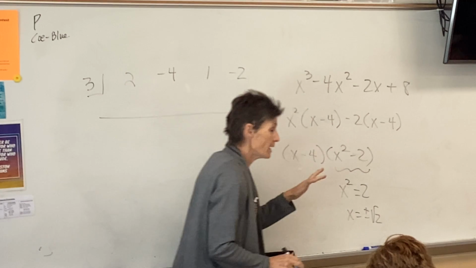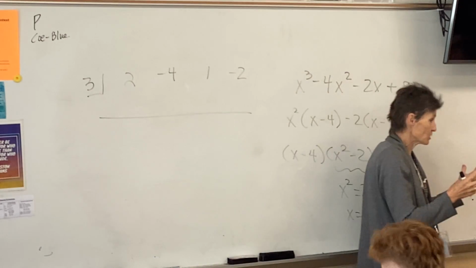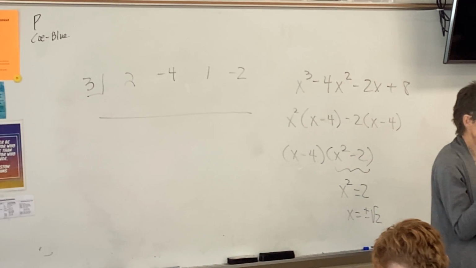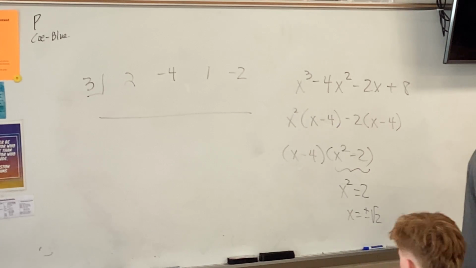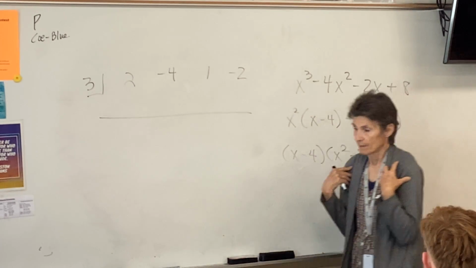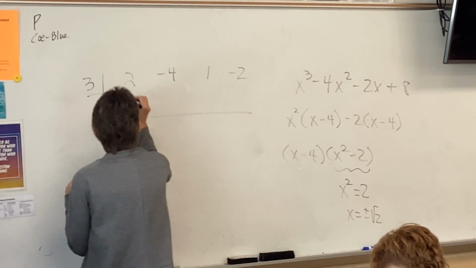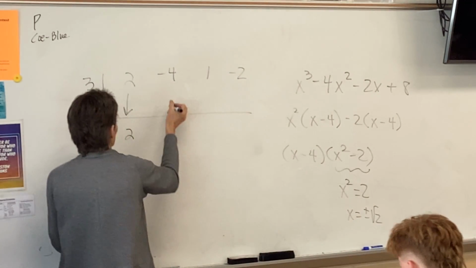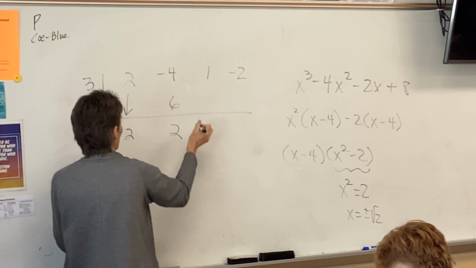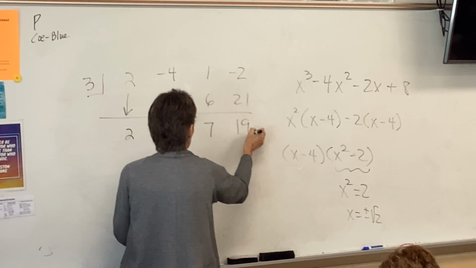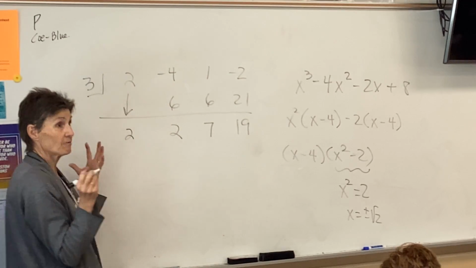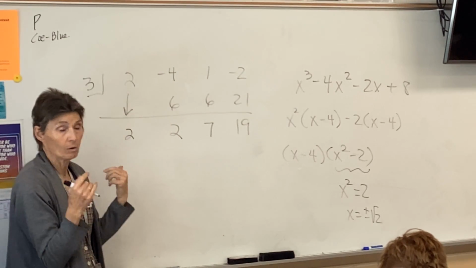I want you to go ahead and just do the division with that 3. Something is going to happen. We haven't discussed it before. We're going to discuss it now. Clearly, it's not a factor, but that wasn't my goal.